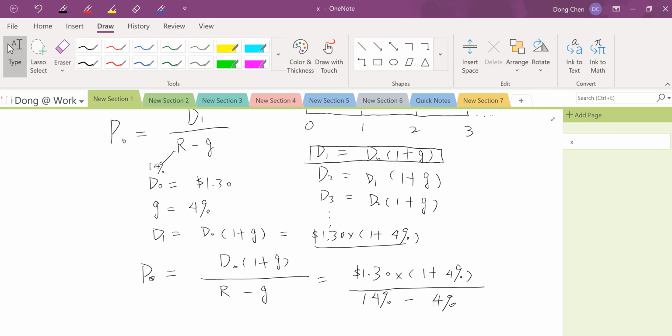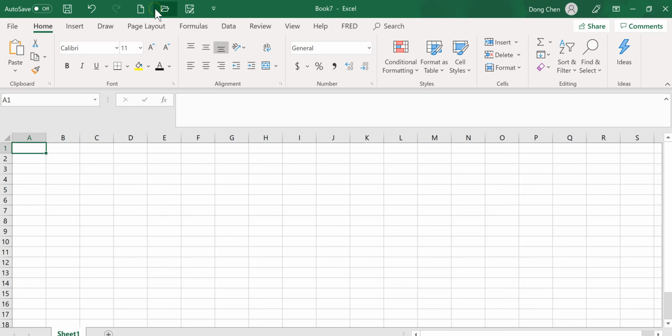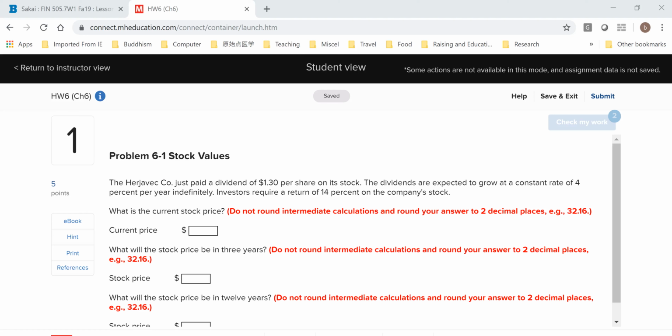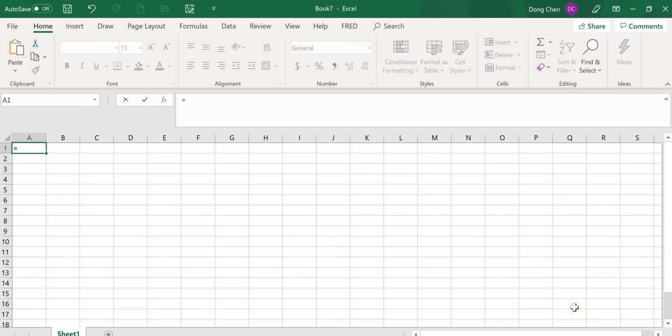So now I can use Excel to solve out this, to just calculate, or you can use your calculator, whichever you prefer. So this is 1.30 times 1 plus 4% over 14% minus 4%.